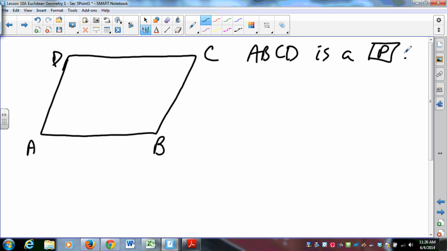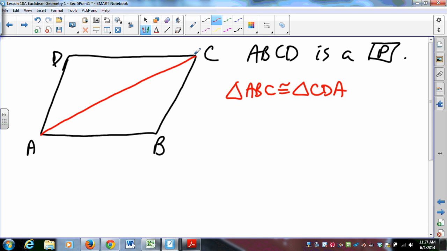There are some properties that are true. For example, triangle ABC is congruent to triangle CDA. We should think for a moment about why that is true.